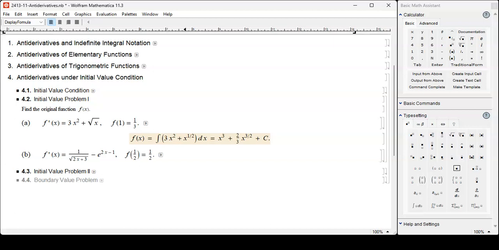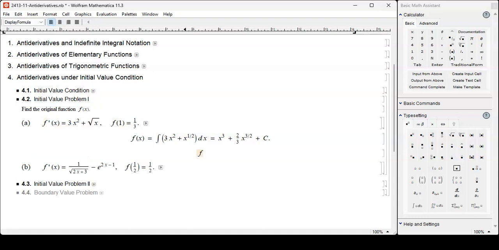That's your antiderivative function in the general form with plus c, but there are infinitely many candidates here. This initial condition will reduce that into a unique function. So let's apply that. F of 1, which is plugging 1 here, what do you get?